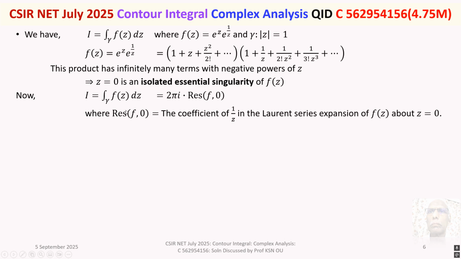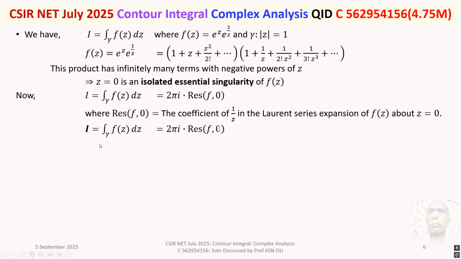How is the residue of f at 0 calculated when z equal to 0 is an isolated essential singularity? We get into the Laurent series expansion of f of z at z equal to 0 and take the coefficient of 1 by z in this expansion, and that will precisely give you the residue of the function f at z equal to 0.